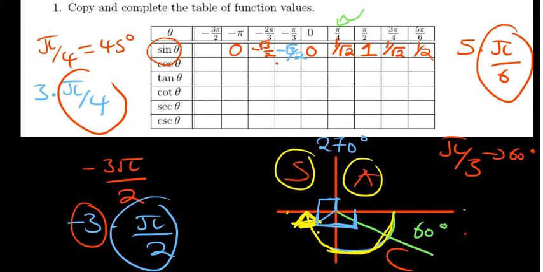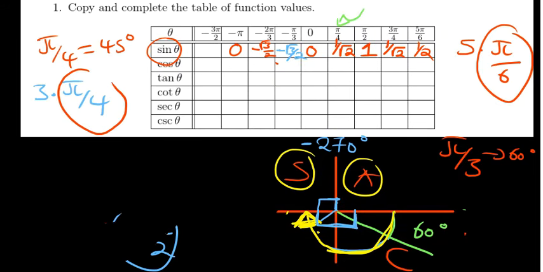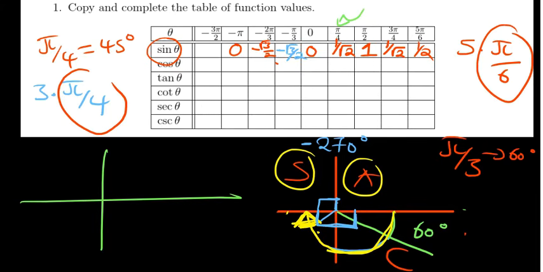So ask yourself, negative 270. What is the value of sine 270 in a normal way? Go back to the graph like this. So that's the way sine moves. So 0, 90, 180, 270. So 270 is like what? Negative 1. So is it the same for the negative?